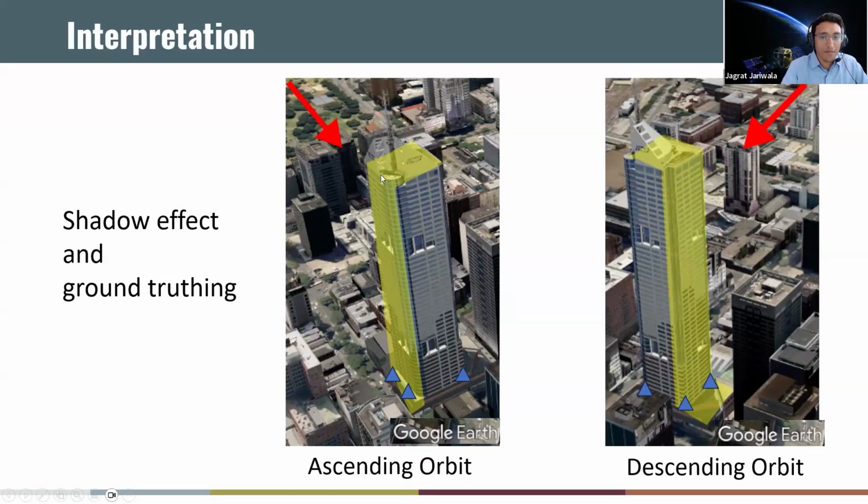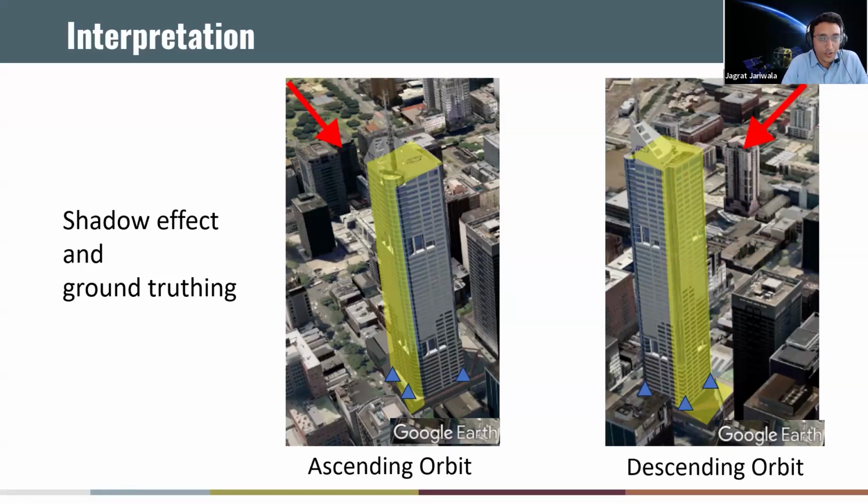And because of that, movement estimates on the western face of the building are going to be visible, and estimates can be formed on the western face. Plus the roof. The roof is the common factor in both ascending and descending. And in the descending, similarly, the eastern face is where folks will be able to come up with movement estimates.